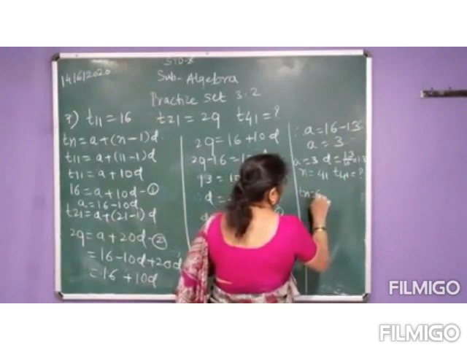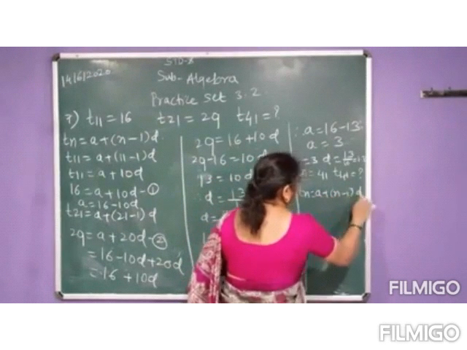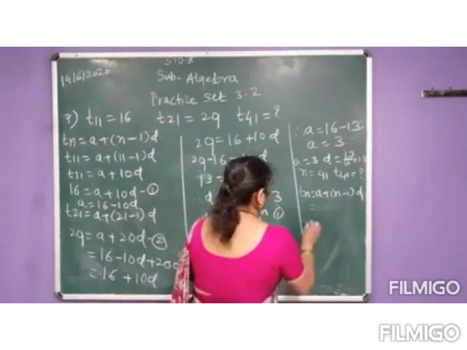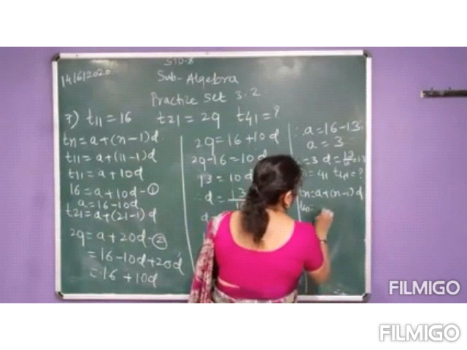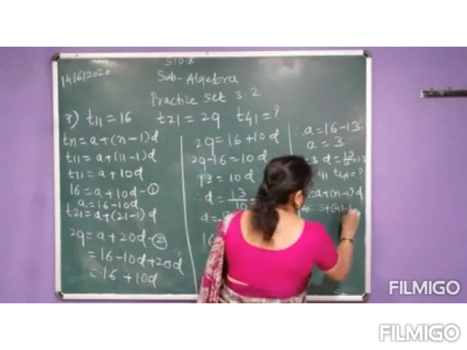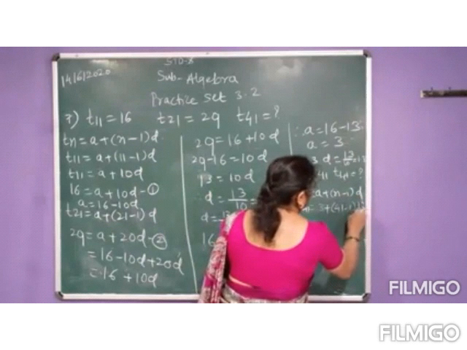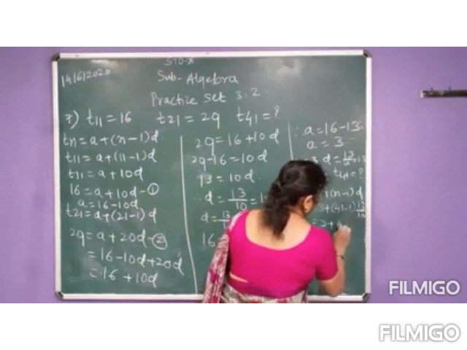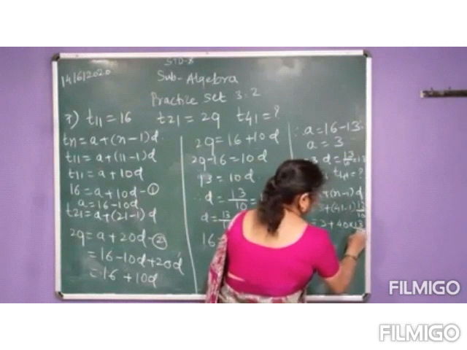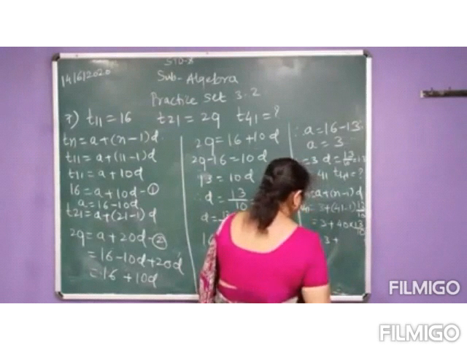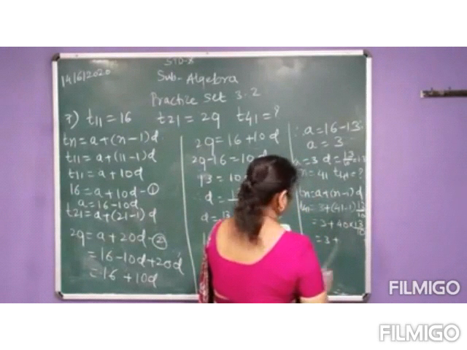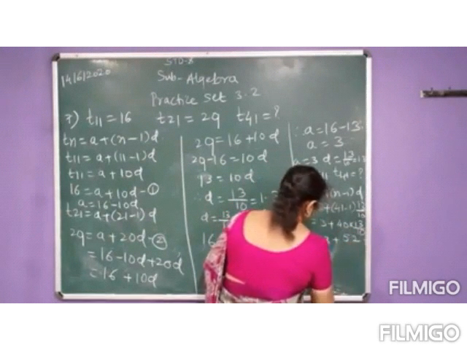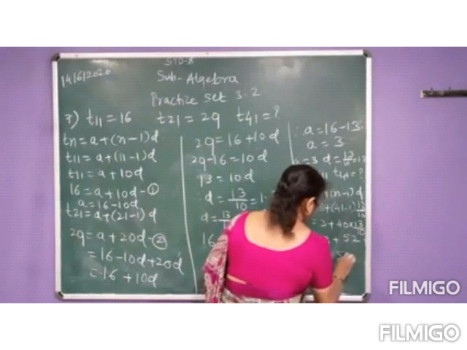So Tn is equal to A plus n minus 1 into D. So T41 is equal to 3 plus 41 minus 1 into 13 upon 10. 3 plus, this is 40 into 13 upon 10, the zeros get cancelled, so 3 plus 4 into 13. 13 4s are 52. So T41 is equal to 55.